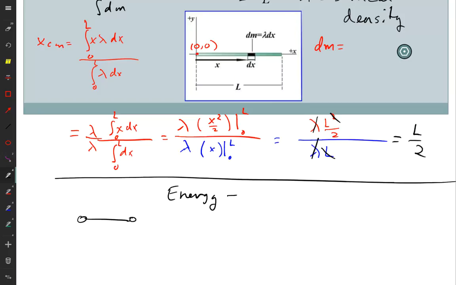But if you get to high enough temperature, it can start vibrating. And so we call it vibrational energy because it's actually two pieces. You have kinetic energy associated with it moving back and forth, and you have the spring potential energy. We just treat that electromagnetic force as if it's a spring with spring constant K.